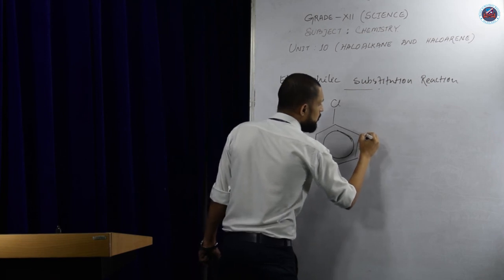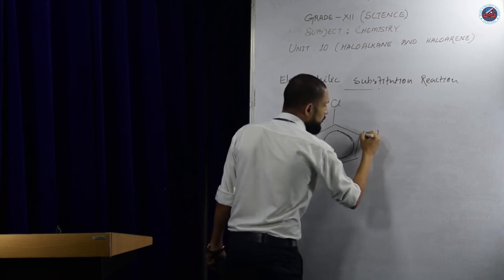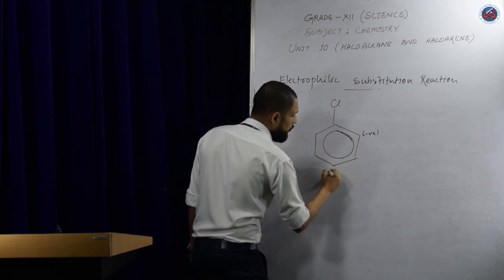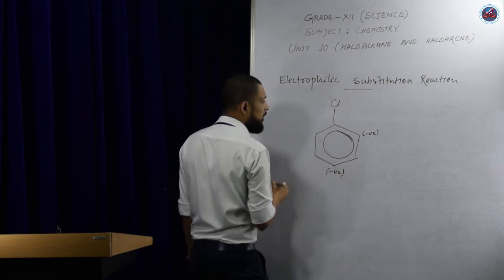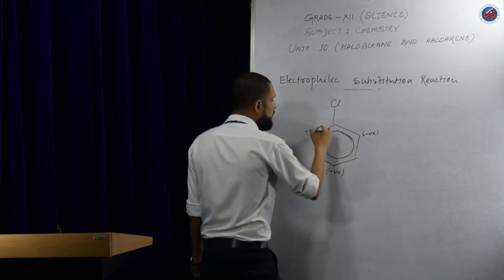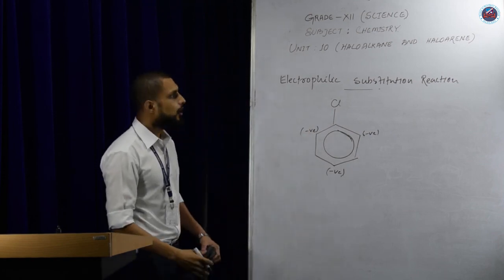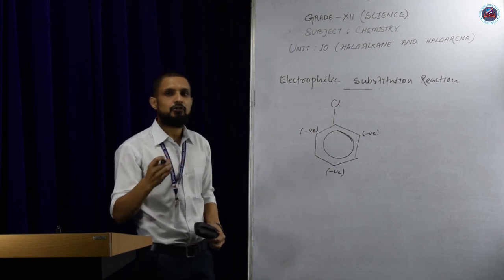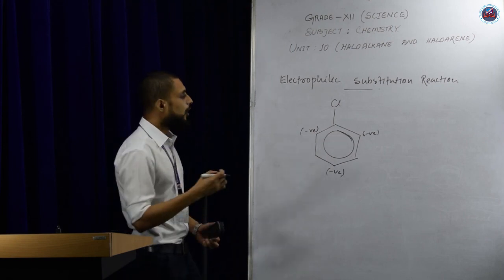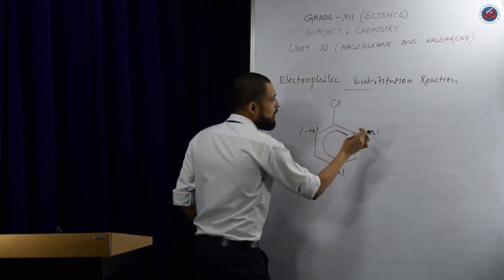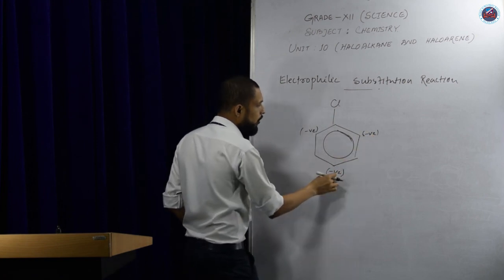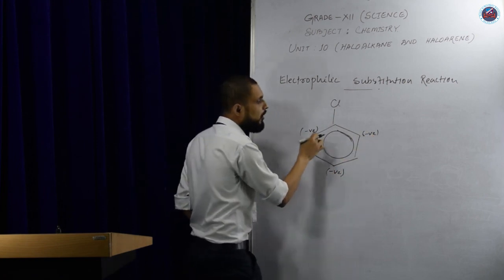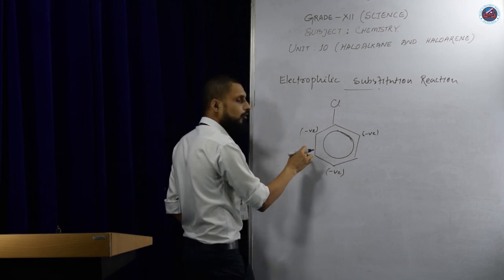carbon 2 is negatively charged, carbon 4 is negatively charged, and carbon 6 is negatively charged. So the incoming electrophile, since an electrophile is an electron deficient species, will prefer to attack carbon 2, 4 and 6 instead of carbon 3 and 5.